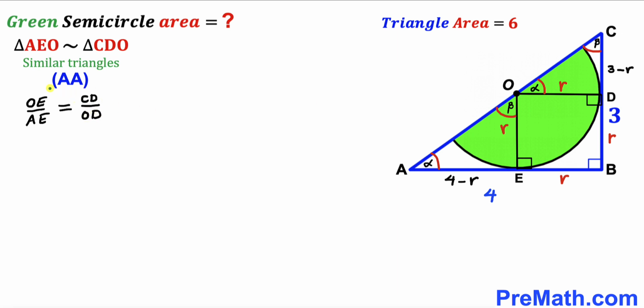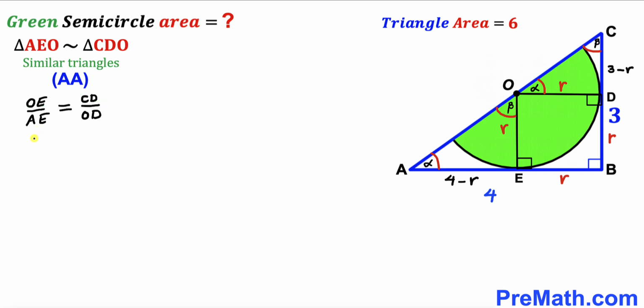Now let's make an observation. We can see our OE length is lowercase r, this AE length is 4 minus r, this CD length is 3 minus r, and finally our OD length is lowercase r.